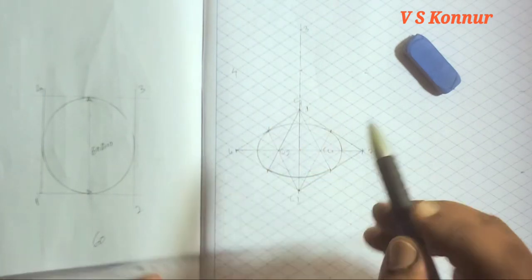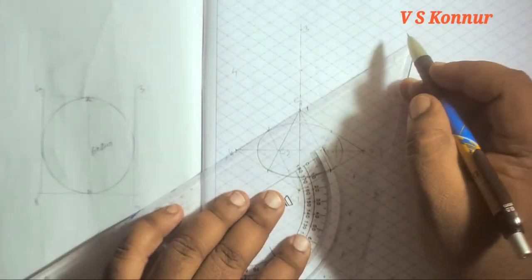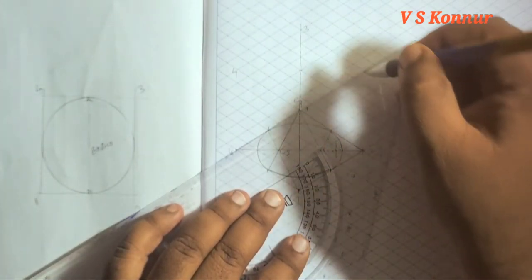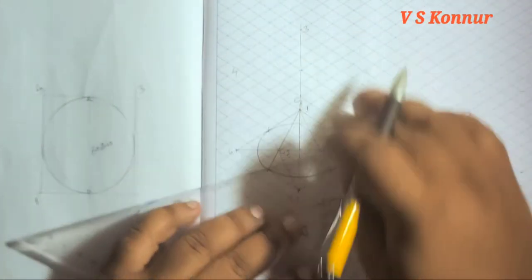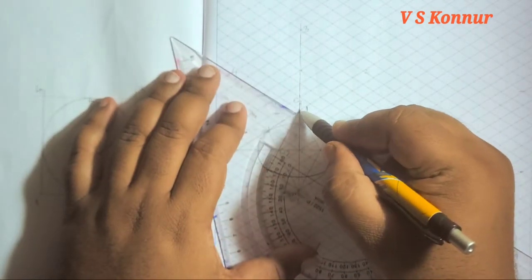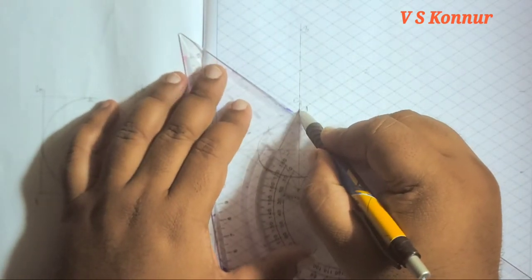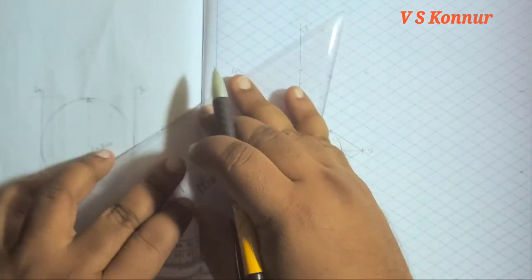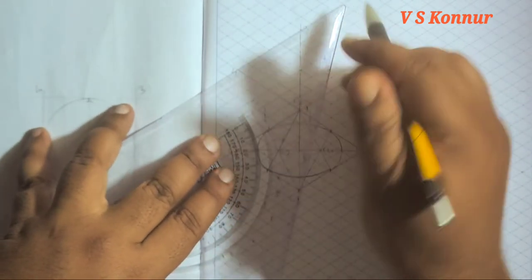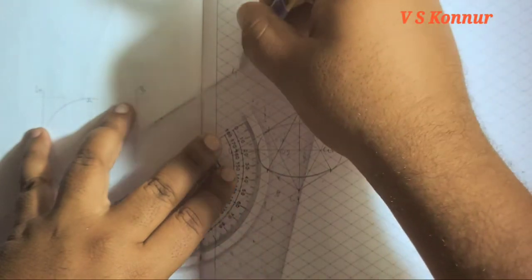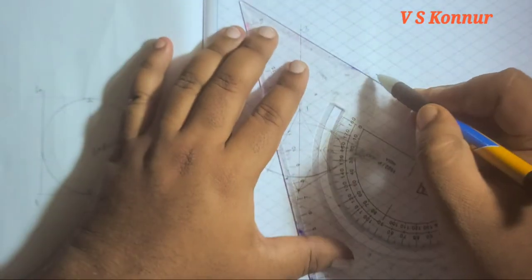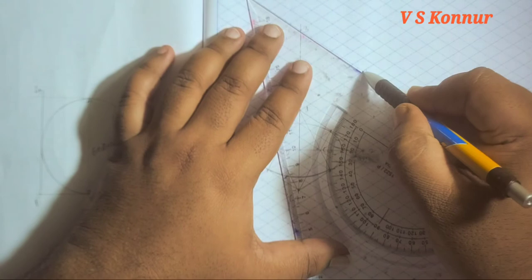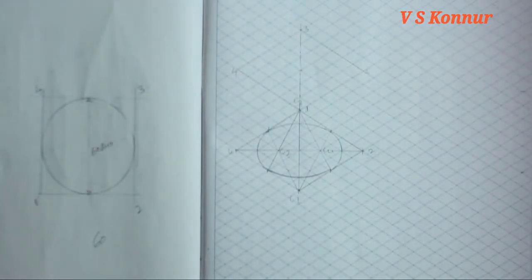So once again I will make one box here with a thin line. I have made a box here once again, the same box I made here.